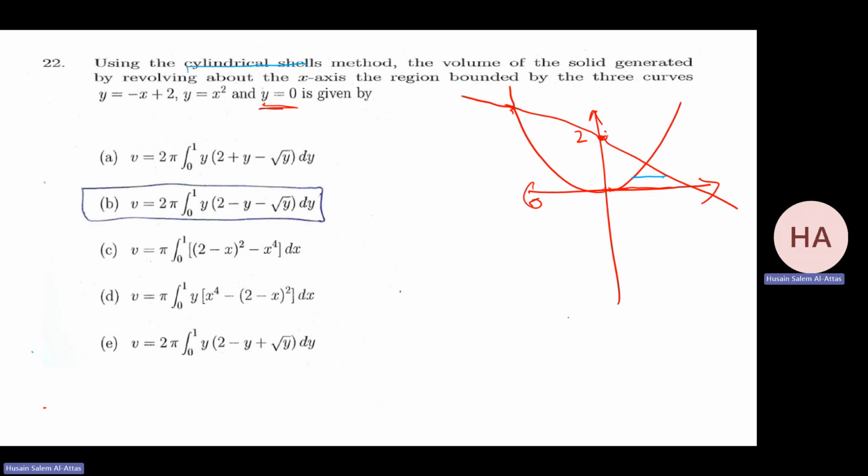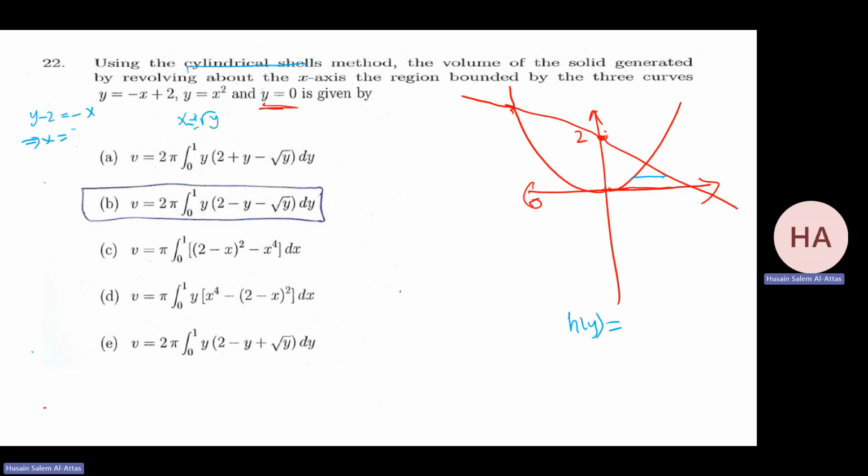So what will be h of y? In terms of y, I also need to write everything in terms of y, not in terms of x. So I have here x equals square root of y, plus or minus. I don't need the plus or minus since I'm working on the positive side. And here I have y minus 2 equal minus x.